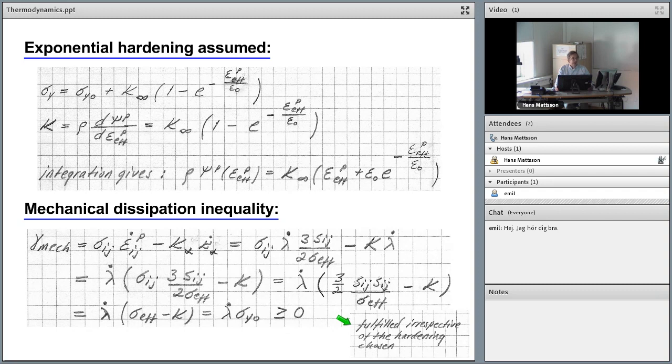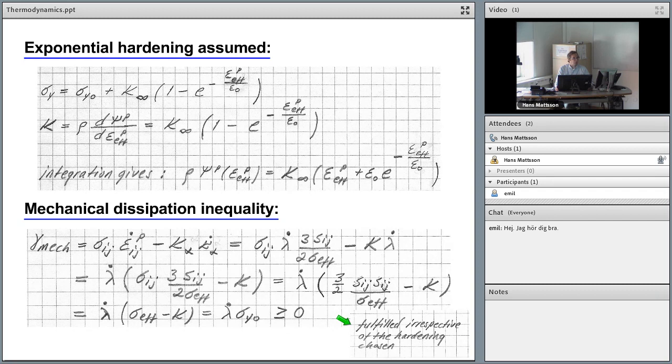And then, if you as a researcher want to develop your own constitutive models, it's important that you understand that you should probably check if the second law of thermodynamics is fulfilled or not when you develop models. Otherwise, some reviewer may ask you that question.